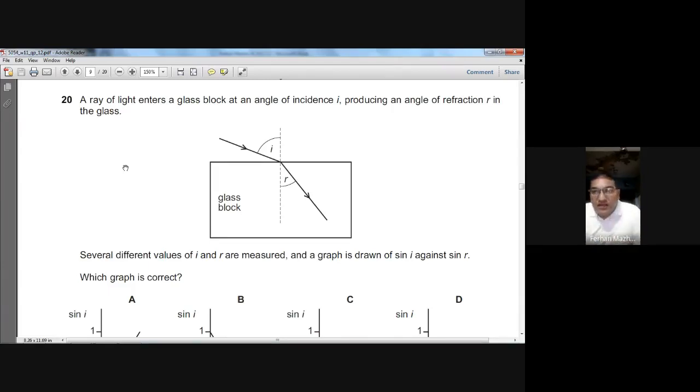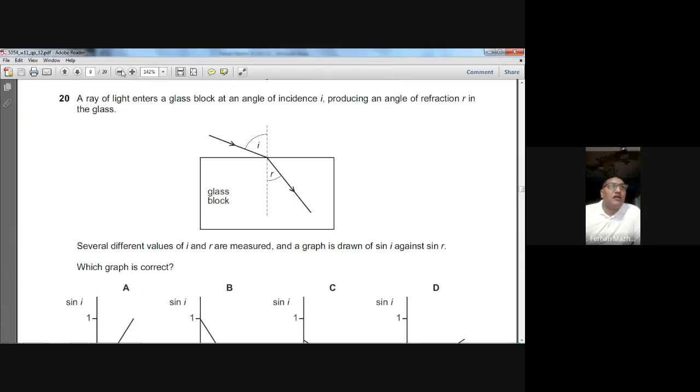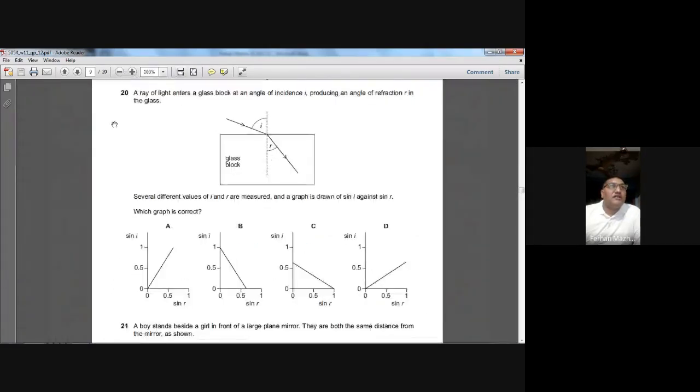You know, when we are talking about question number 20, here you can see there have been given 4 graphs A, B, C, D. On the y-axis sine I is represented, on the x-axis sine R is represented in all of the graphs.